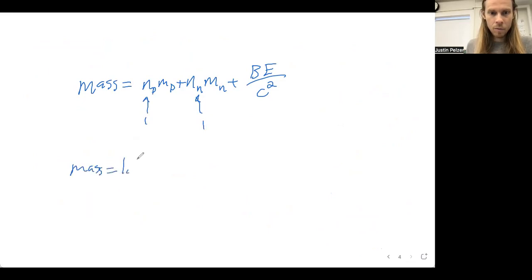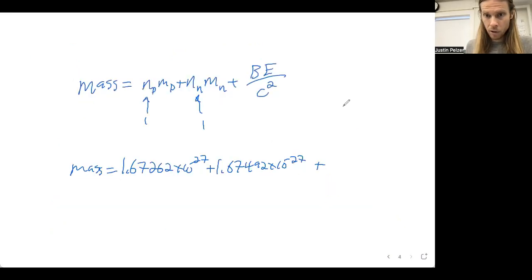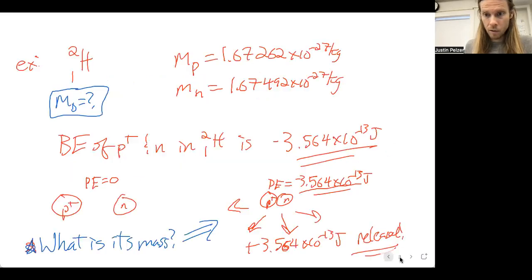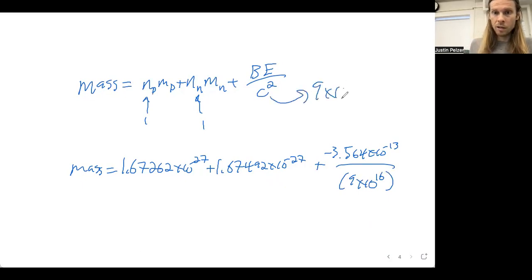The mass is going to be 1.67262 times 10 to the negative 27 plus 1.67492 times 10 to the negative 27 plus, what's negative 3.564 times 10 to the negative 13, let me get that exponent right, over 9 times 10 to the 16, which is c squared. C squared is always 9 times 10 to the 16.